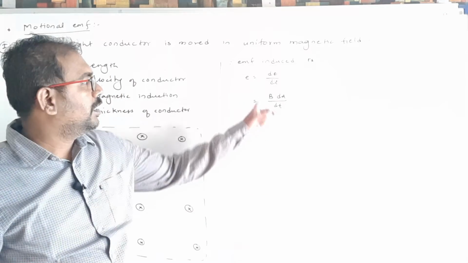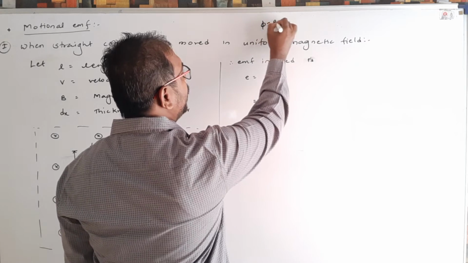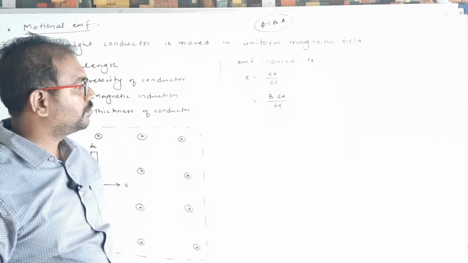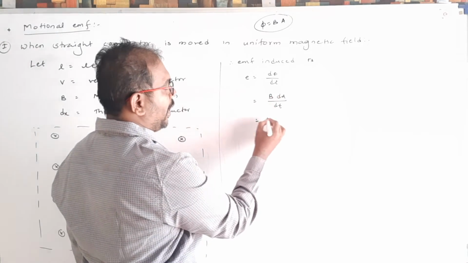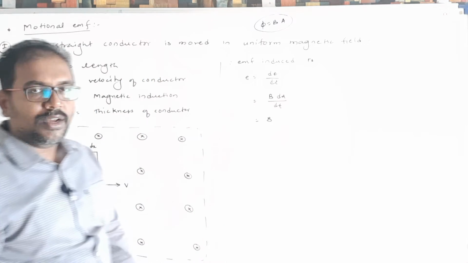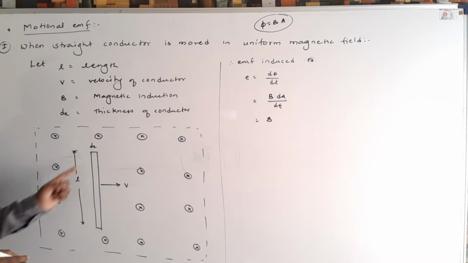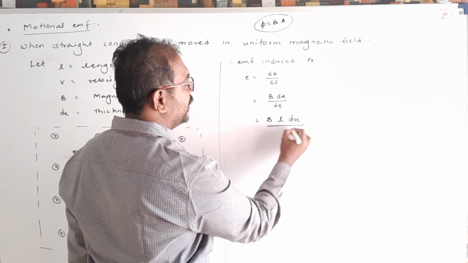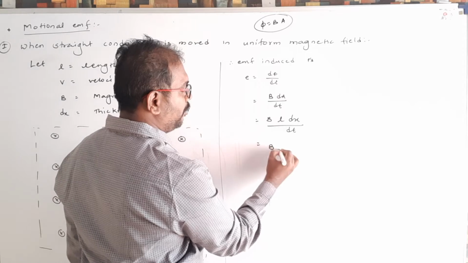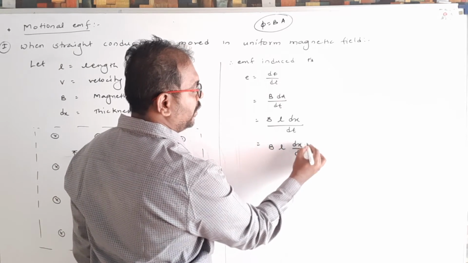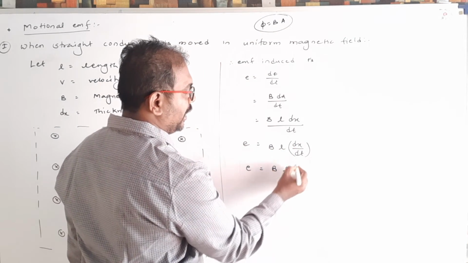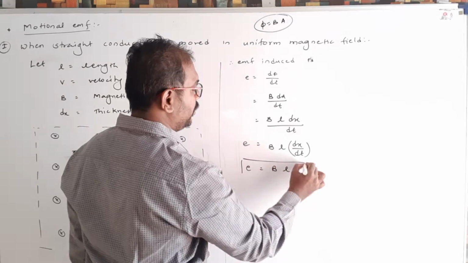We know the formula of flux, phi is equal to B dot A, or B into A basically. Now B as it is, dA is the area. The area of the conductor is length multiplied by thickness, so I can write L multiplied by dx divided by dt, or B L dx by dt. So this is the EMF induced, and dx by dt I can write as velocity.